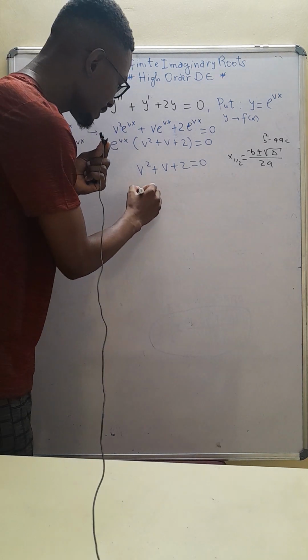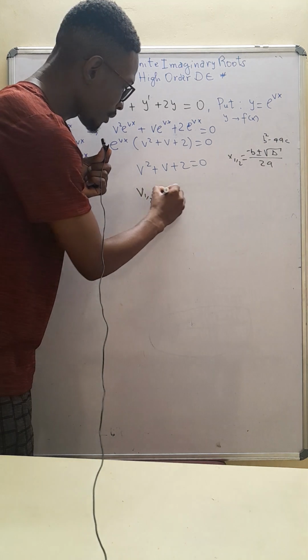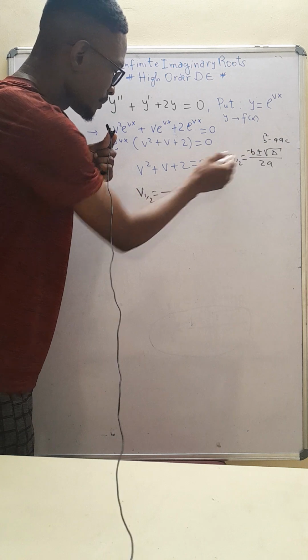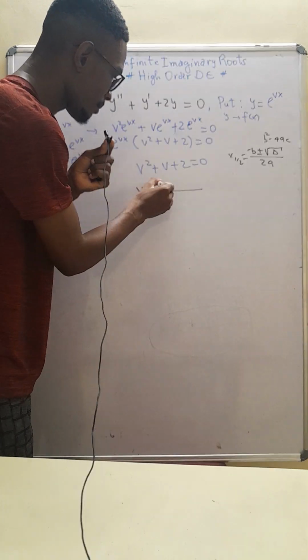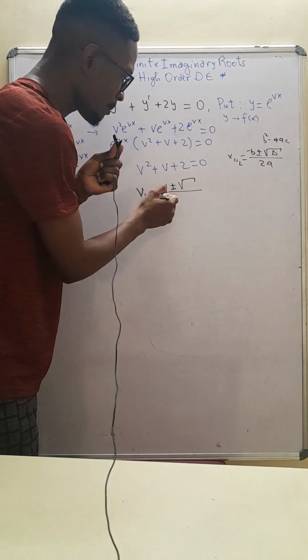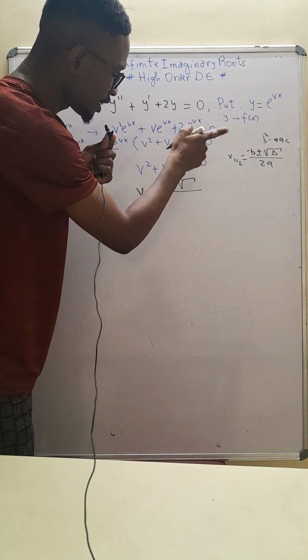Here, x1 and x2 will be equal to minus b. What is b? b is 1, so minus 1 plus or minus root of delta. What is delta?